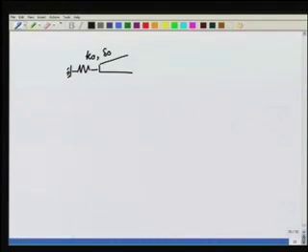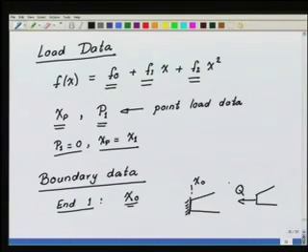We had introduced this as a Robin boundary condition, and the previous one, if I go up, is Dirichlet, and this one is Neumann.